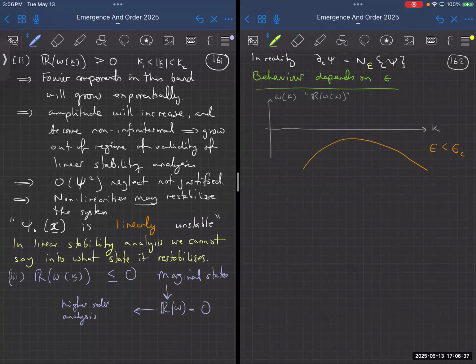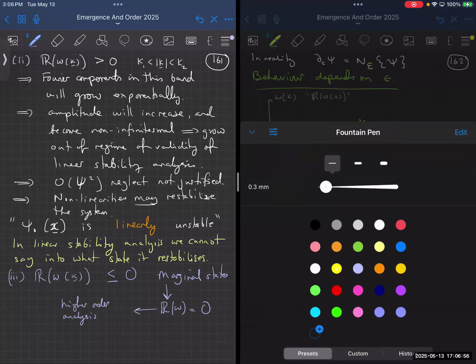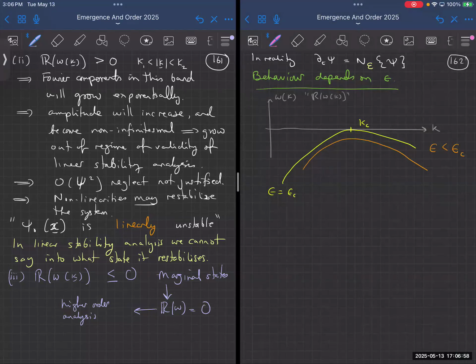It goes like that, and then this is epsilon equals epsilon c, and this here is some critical wave number kc, like so. And then at higher values of epsilon, I might have a situation like this.